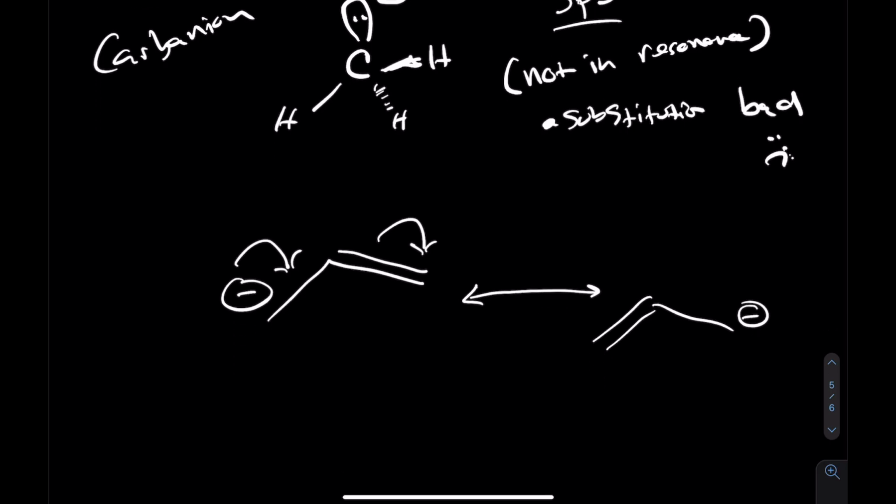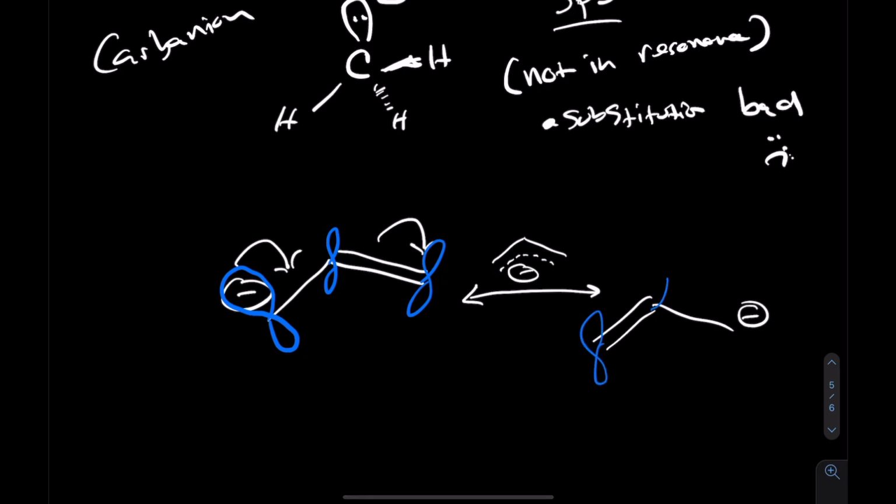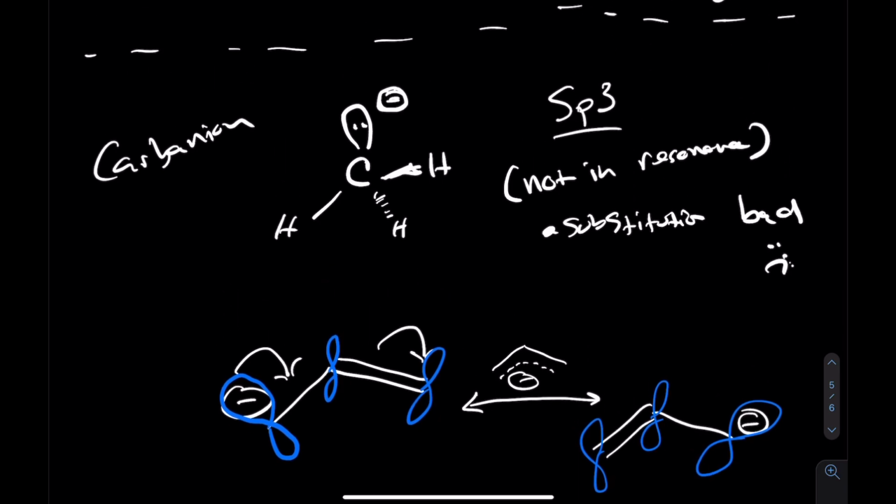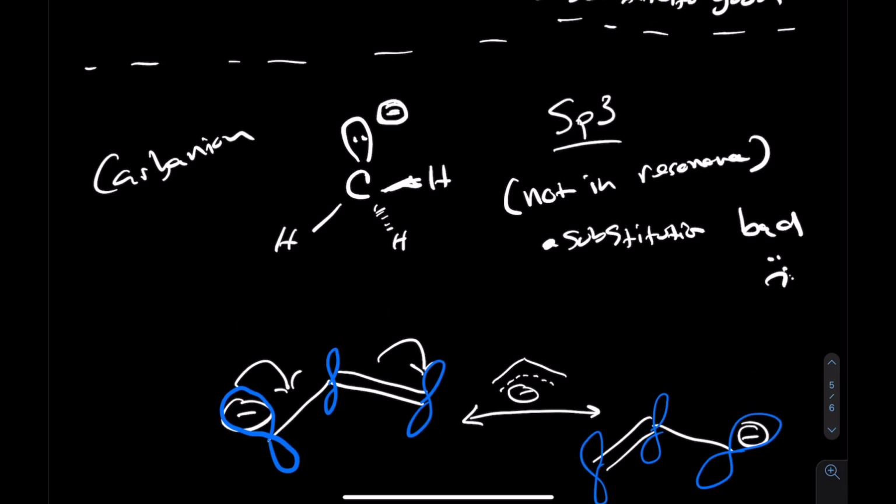I can draw this thing right here where we have some sort of negative charge. That actually is better. And in this particular case, in order for there to be resonance, this has to be sp2 hybridized. So resonance makes your carbanion sp2. But if it's just non-resonating, it's sp3.